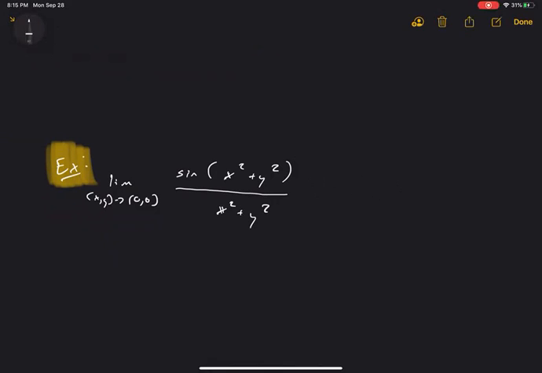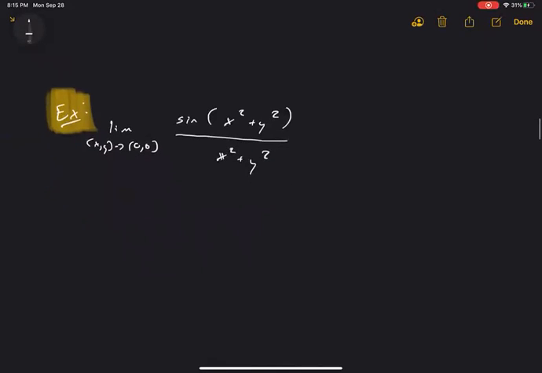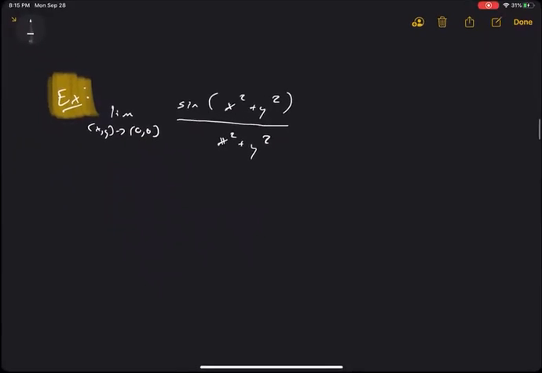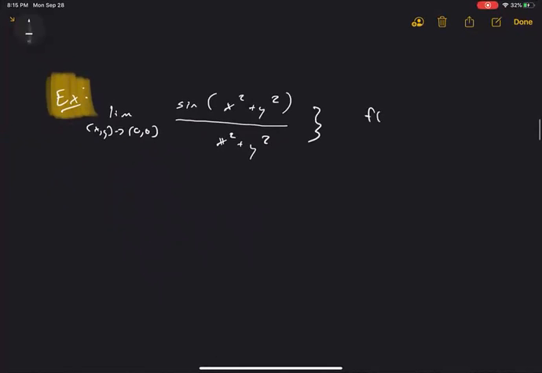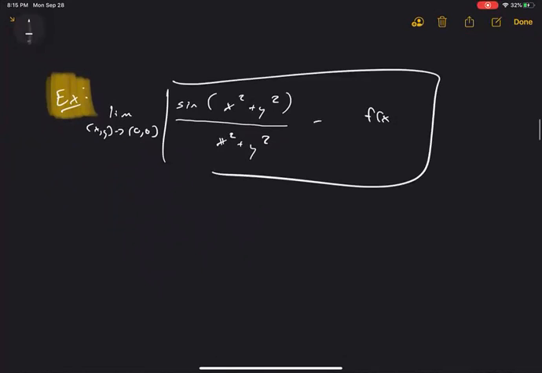So we have this question: does the limit even exist? And if it does exist, what is it equal to? All right, so let's consider this. We could consider this as a function, forget about the limit sign for a second, a function f of x and y.